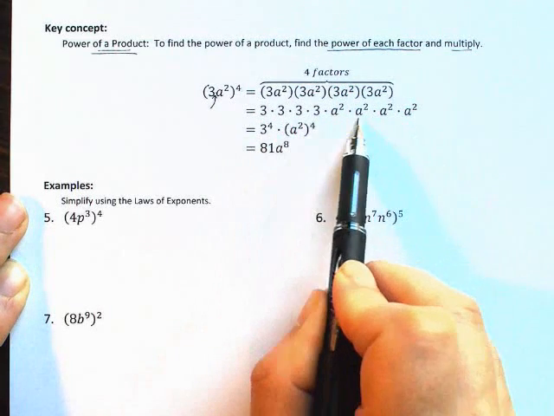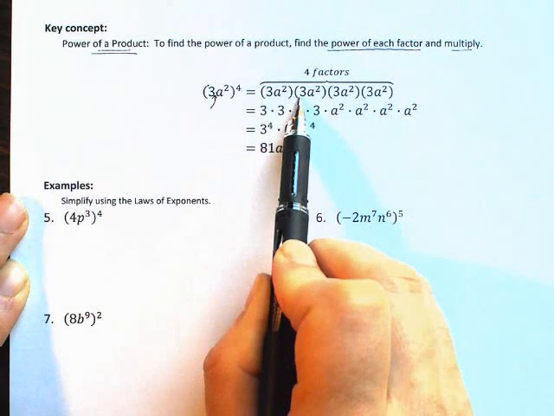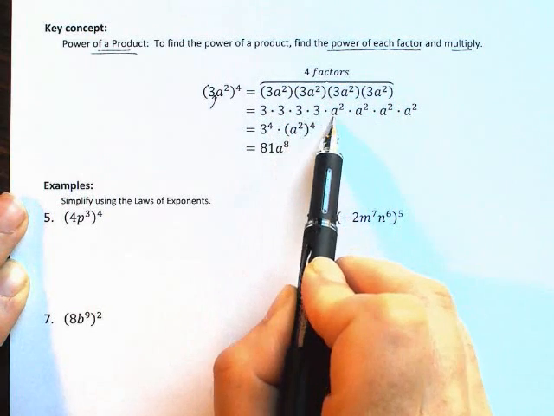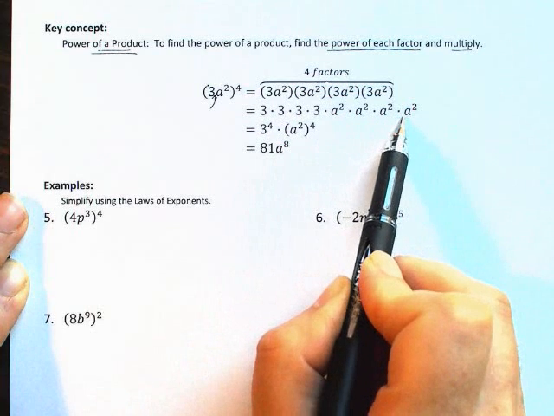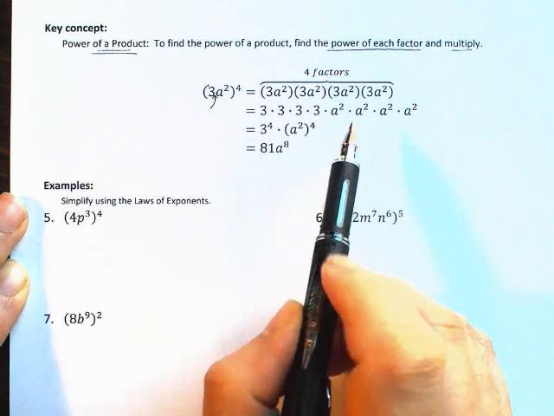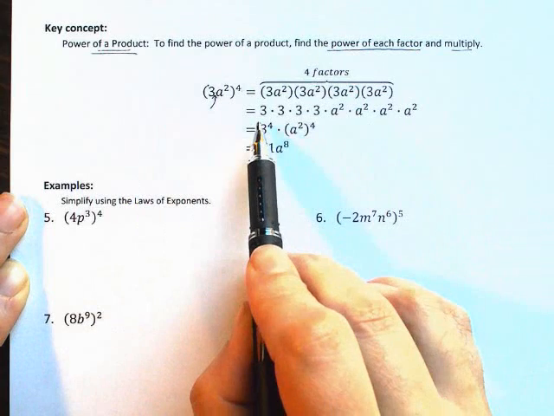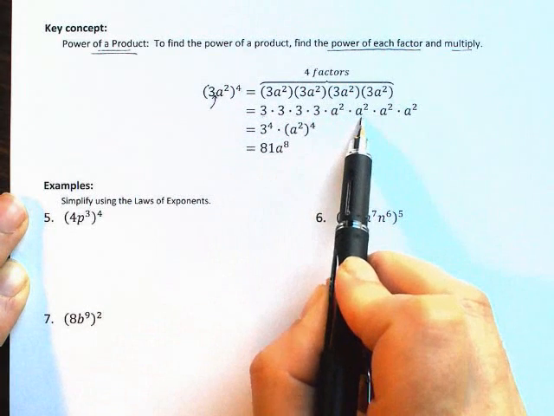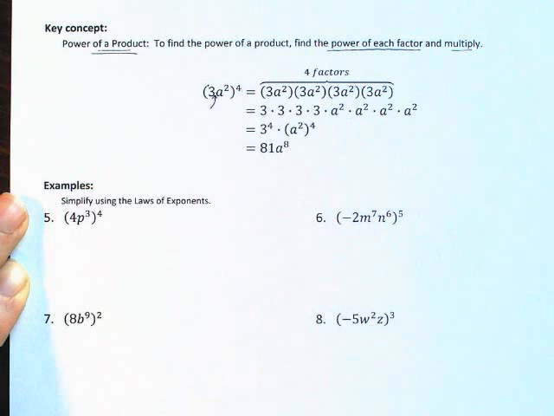So this problem here is the same math problem as this problem here. It still has all the same amount of 3's and all the same amount of a squareds, and they're still all being multiplied together, but I've grouped the 3's together and I've grouped the a squareds together, just as a visual thing to help me get the correct answer.